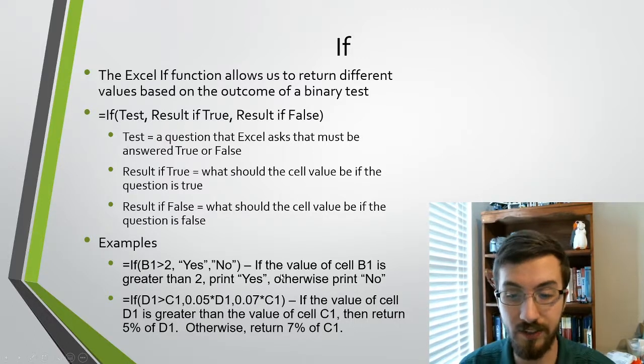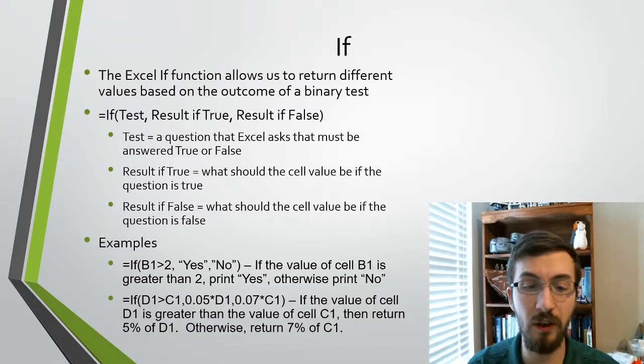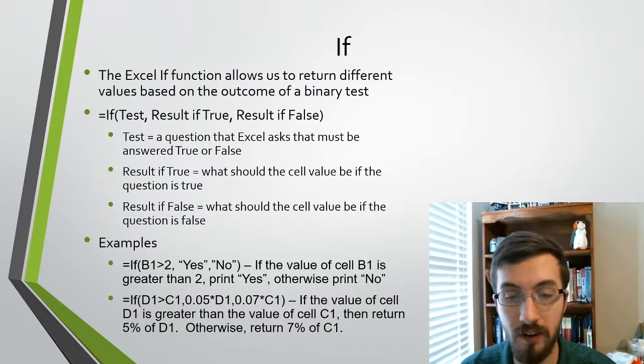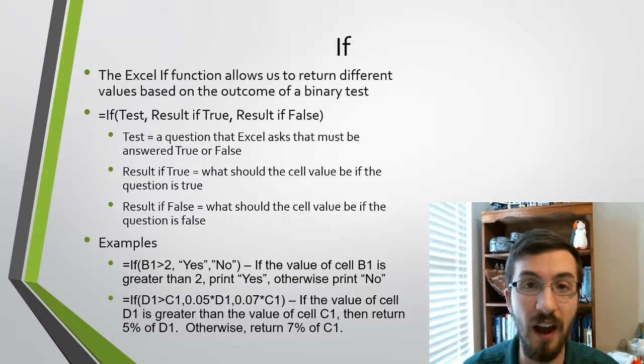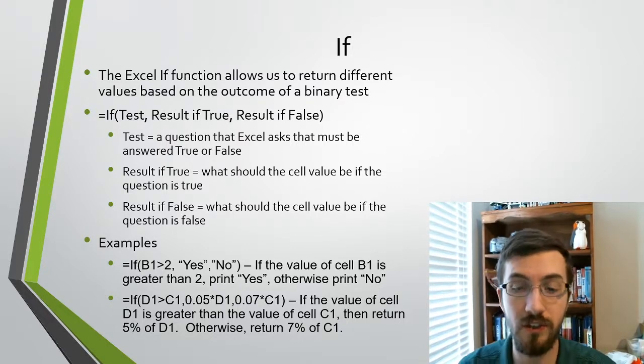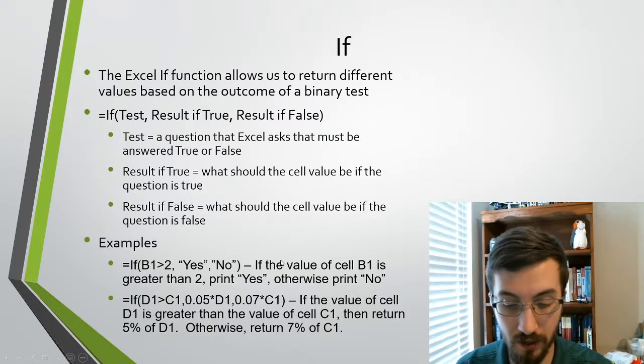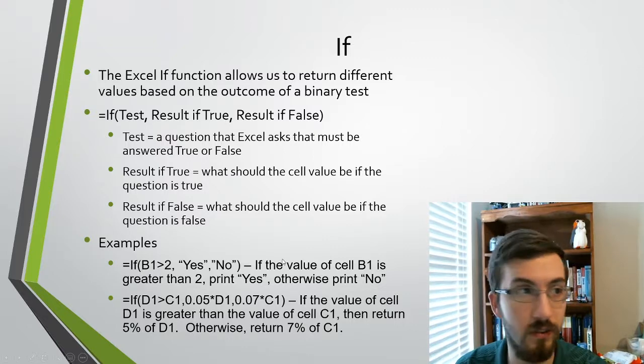What this says is if the value of cell D1 is greater than the value of C1, then you should return 5% of the value of D1. Otherwise, return 7% of the value of C1. Okay, so let's go look at an example of how you can do this.